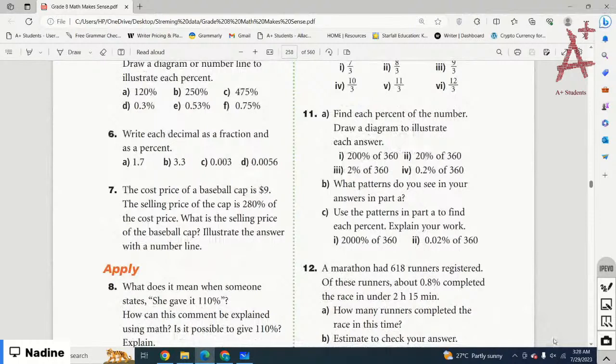So 280%. 280 divided by 100, that is 2.8. 9 times 2.8 is 25.2. The cost price is $9.